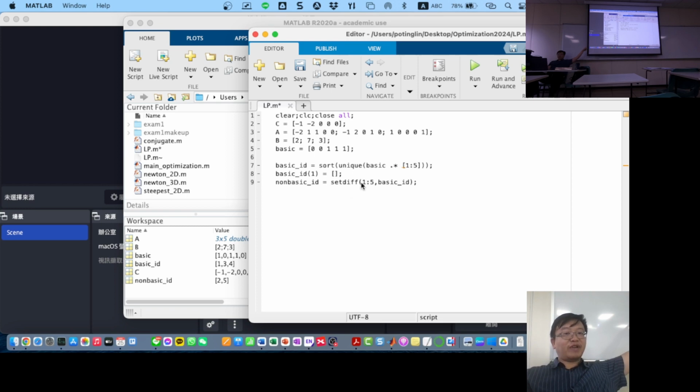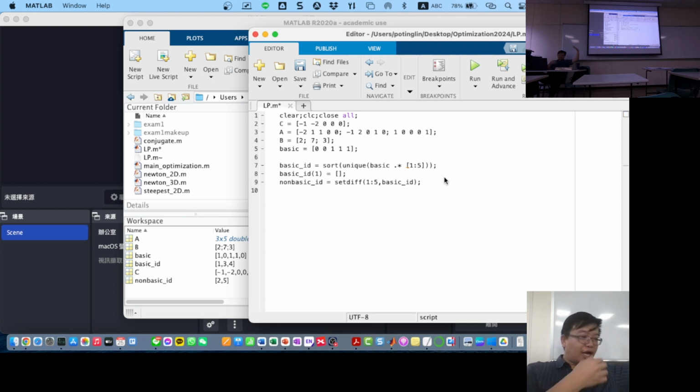And I need to do this every time at the beginning of the iteration. Later on, I will need to get Cn and Cb. So Cn will be basically C, 1 comma, non-basic ID.